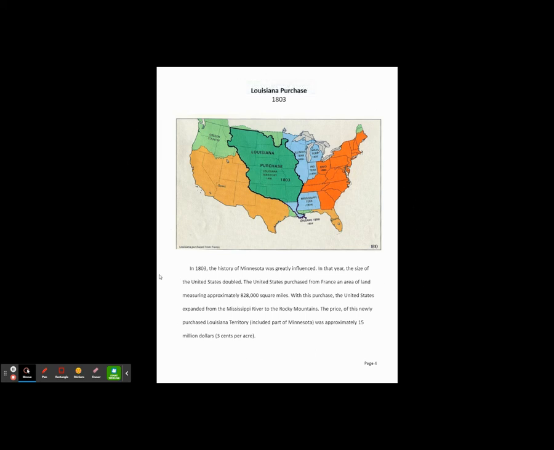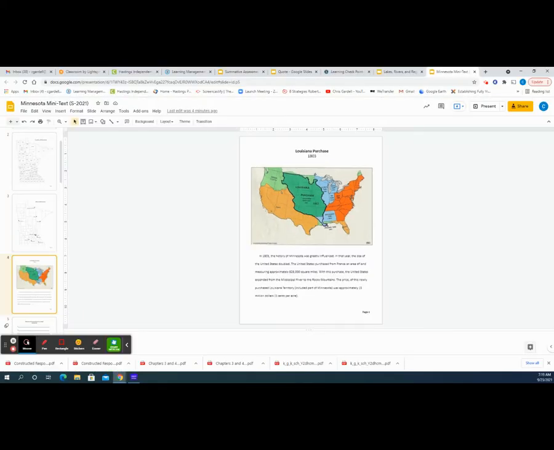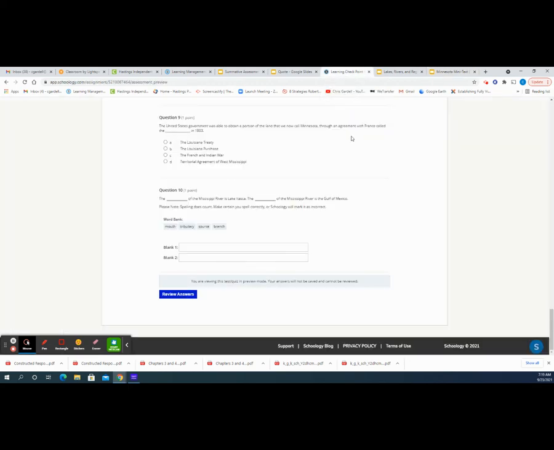Okay, look at the title, look at the map, use all the clues on this page to help you to respond to this question. Again, clues could include the title, the map, or of course, the description down below. All right, mark your response for number 9, and let's move on to our 10th and final question.